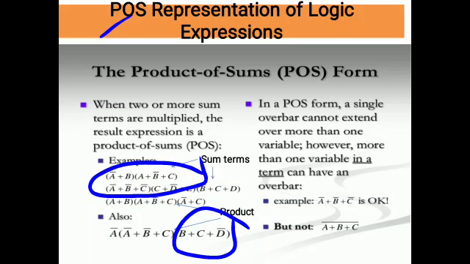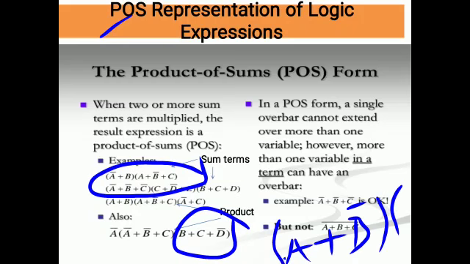Each term is ANDed, so a dot is used between the terms. Your expression in POS form will be, for example, A plus B bar in a bracket, in another bracket A plus C, then A bar plus C, and so on. These equations are called POS form.